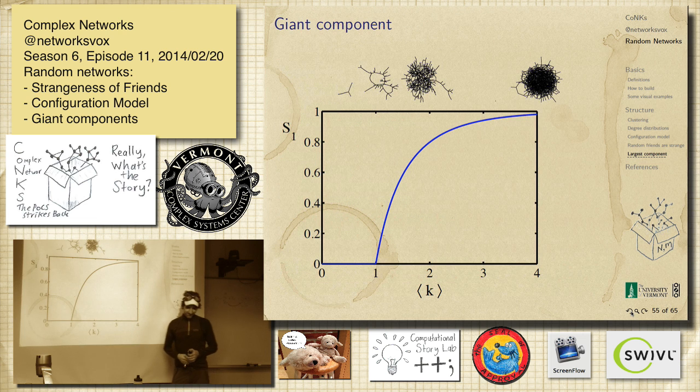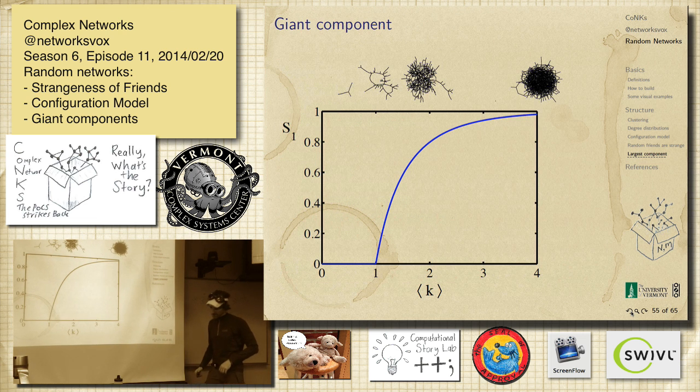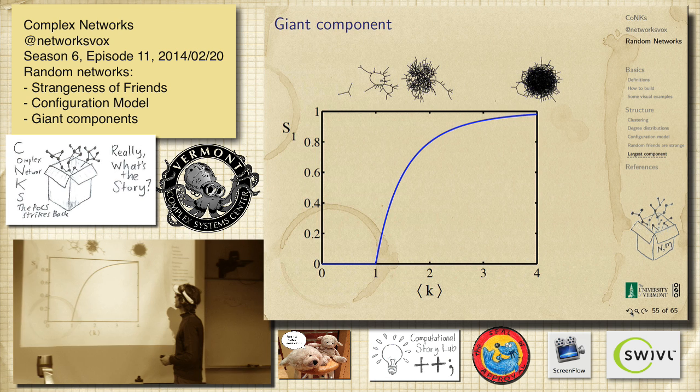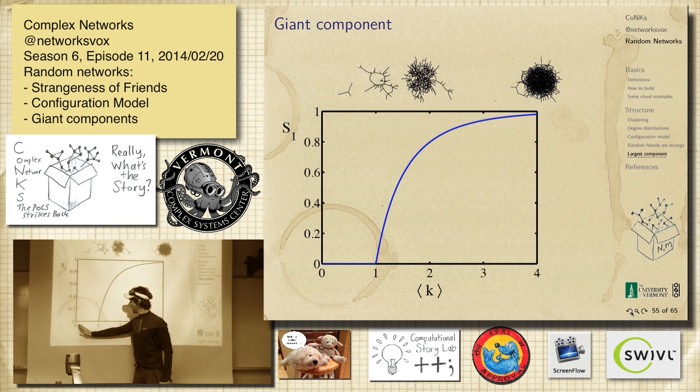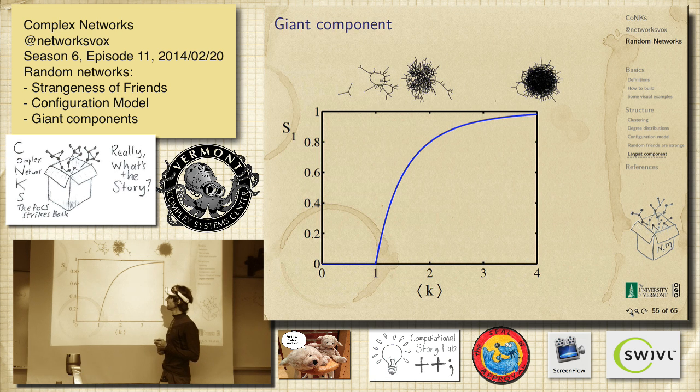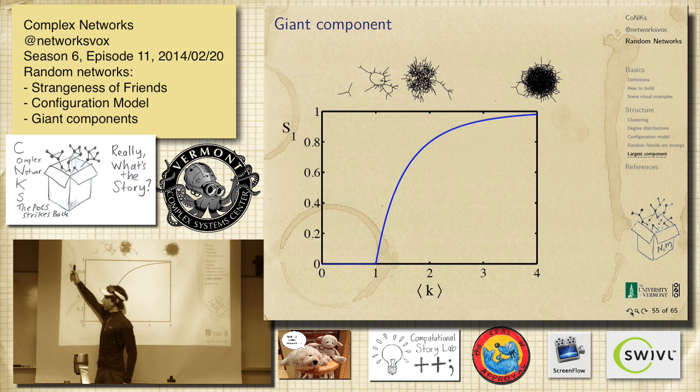Okay, so here's a little example of a largest component story. We'll get to some fun ways of figuring this out. This is just a Poisson example. S1 is the fractional size of the largest component. So you take your network and you find all the components.